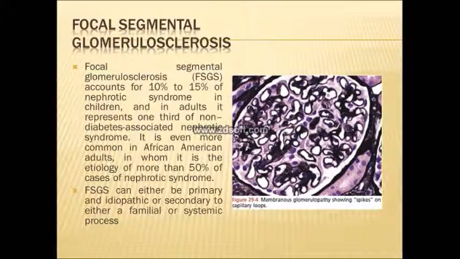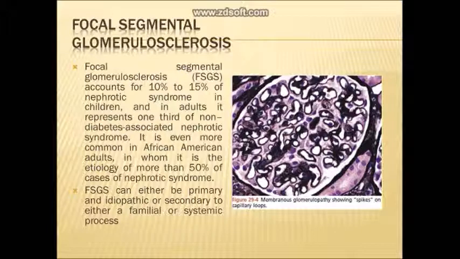Focal segmental glomerulosclerosis. Focal segmental glomerulosclerosis, or FSGS, accounts for 10 to 15% of nephrotic syndrome in children, and in adults, it represents 1/3 of non-diabetes associated nephrotic syndrome.